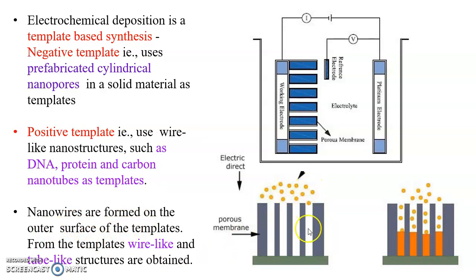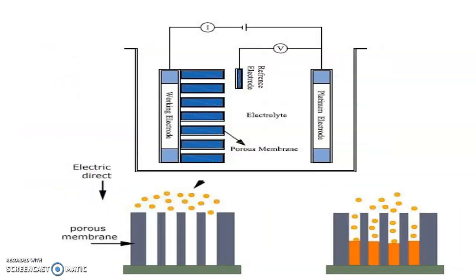So from the templates, wire-like and tube-like structures are obtained. This is the arrangement in electrodeposition.